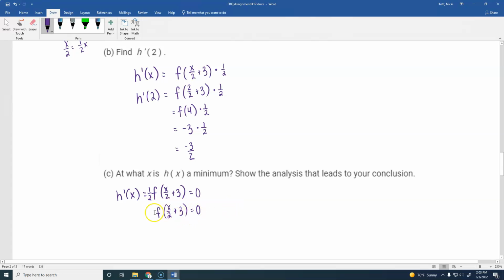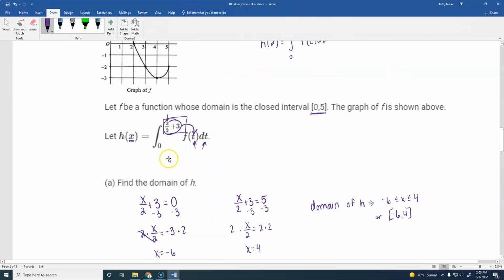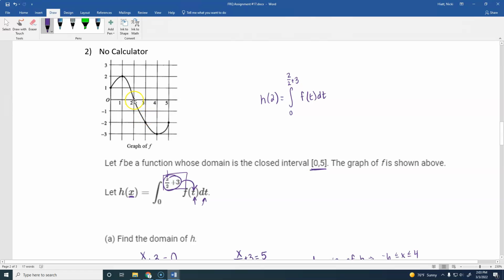when this, f of x over 2 plus 3, is going to equal 0. So let's go up here. So it's going to happen whenever, so we're looking for where our y coordinate is 0, which happens at 2.